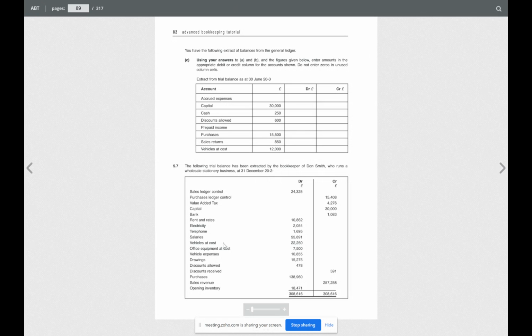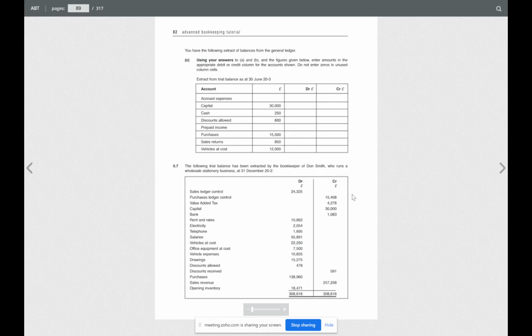So this kind of question you may also get. Like last week we did the same thing. We know that the sales ledger account goes to the financial position, right? Purchase ledger control goes to the financial position. Debit goes to the debit, credit goes to the credit.